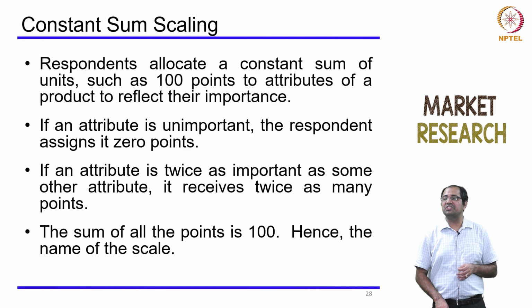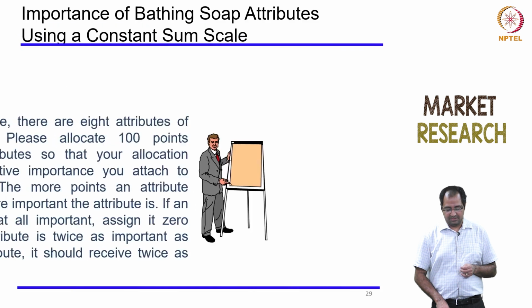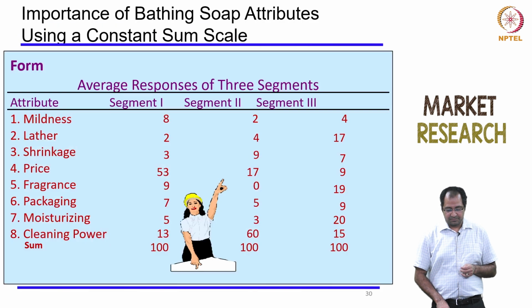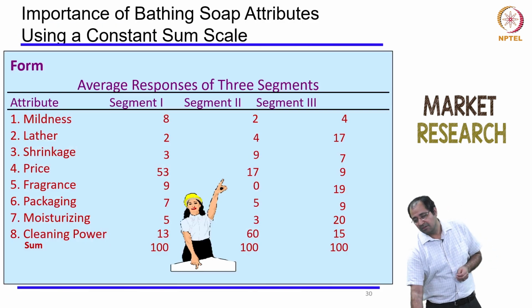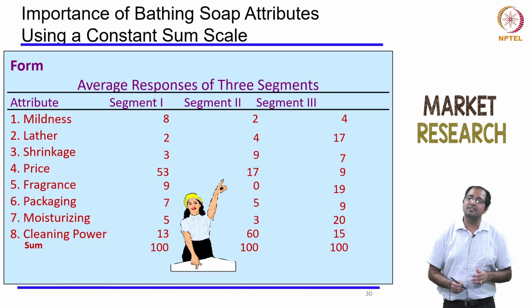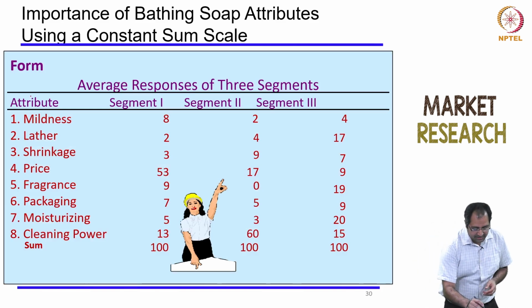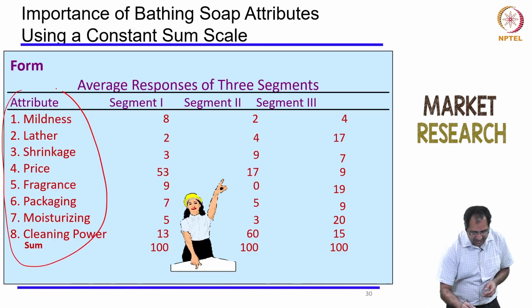Next method is constant sum scaling. In this method, let's see it with the help of an example. These are the attributes of a bathing soap.